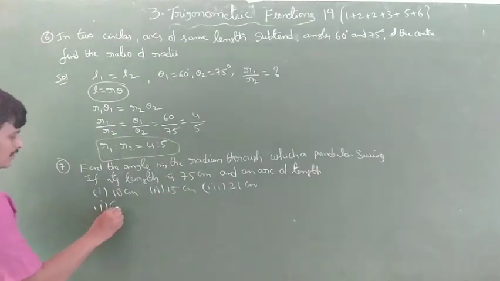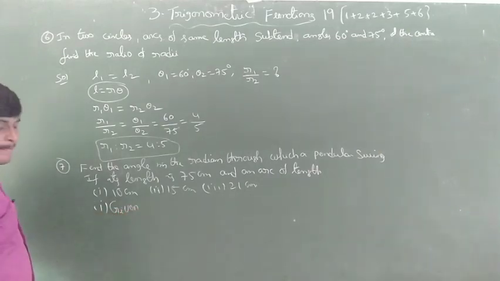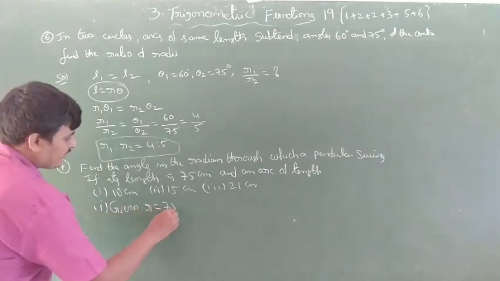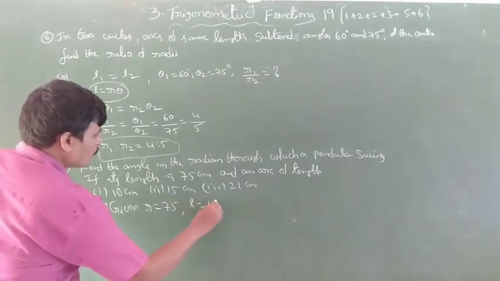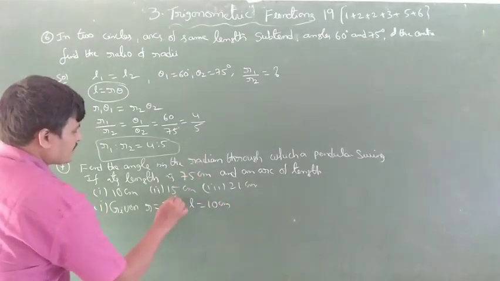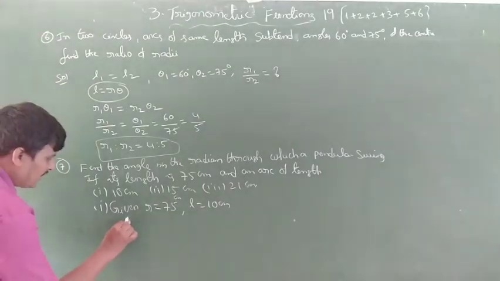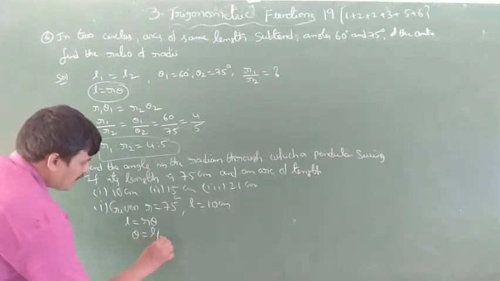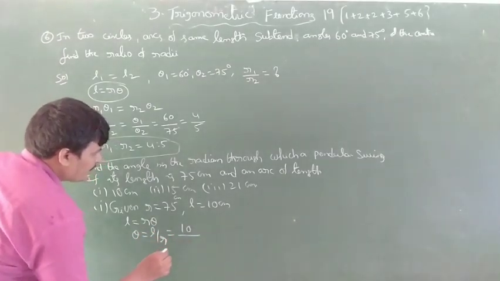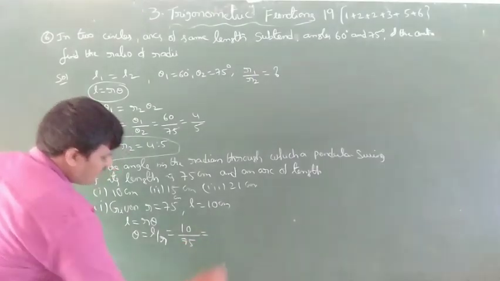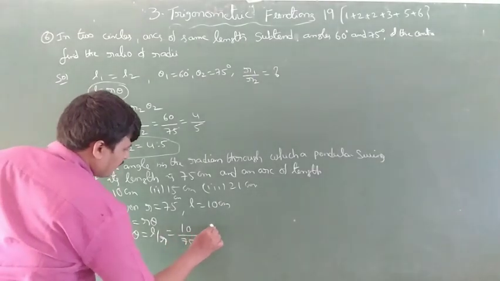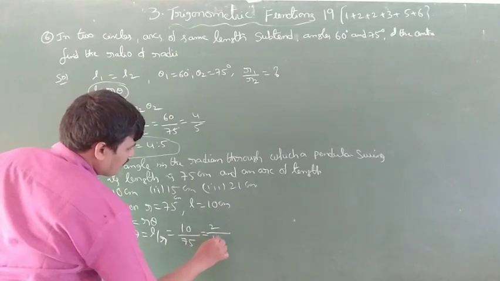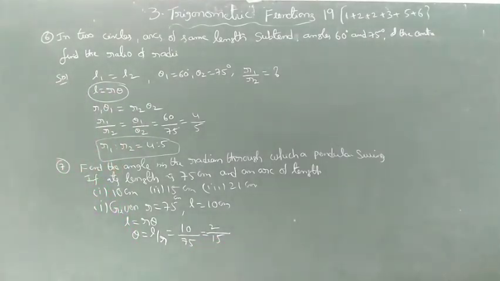So the first one: R is equal to 75, L is equal to 10 centimeters. L is equal to R into theta, so theta is equal to L by R, which is 10 by 75, which is 2 by 15.